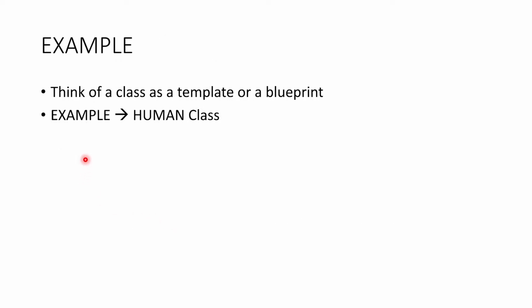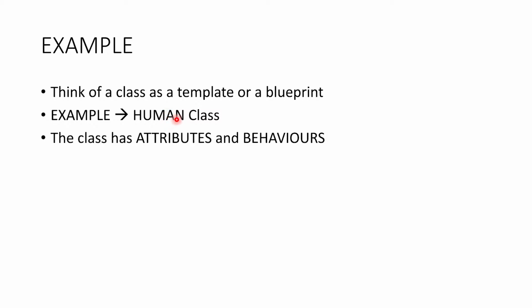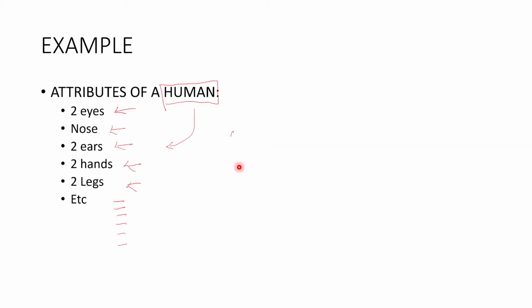Just to take an example, right? We said that a class is a blueprint. So let's take the human class, a human being. We know that a class has attributes and it has behaviors, right? So this human class is going to have attributes and behaviors. What attributes is this human class going to have?